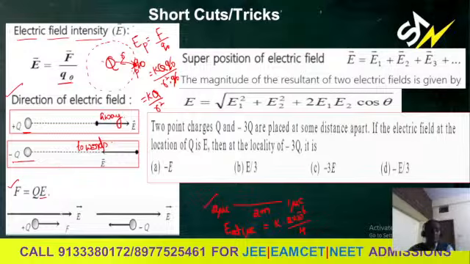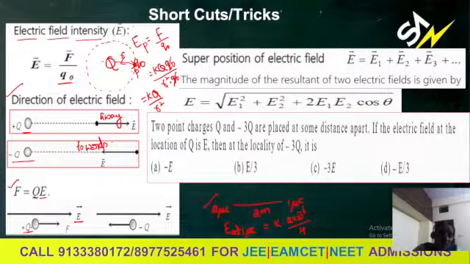And sometimes they can give you the field present at that point and the direction of the force. So there is a field in the right direction, E bar, and a plus Q charge is kept in the field. Then it experiences the force in the direction of the field. Please follow that point.